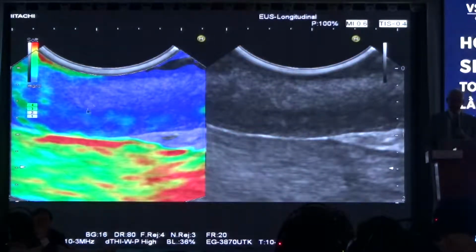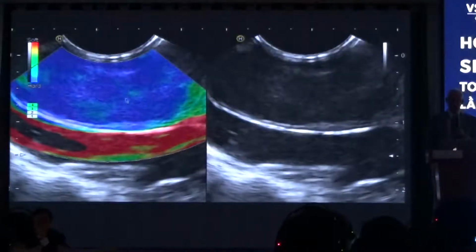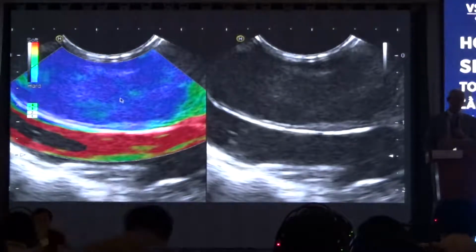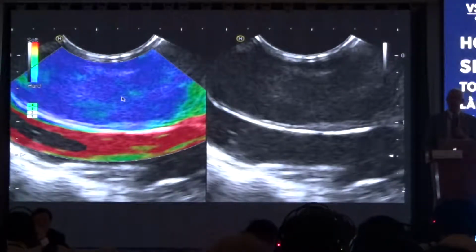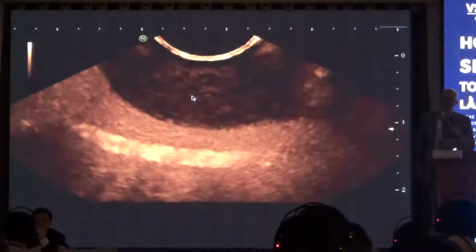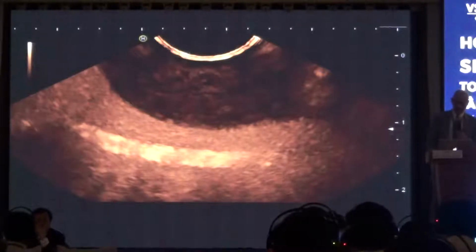You can see here quite nicely the image, eventually even better in this case. So this large stomach cancer was only within the intestinal wall. Contrast-enhanced ultrasound might add also some additional information.